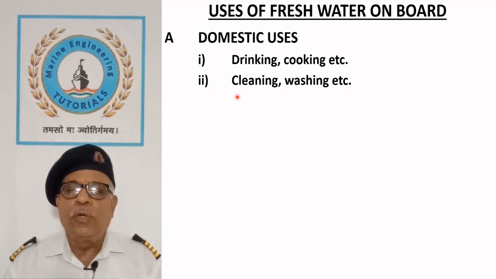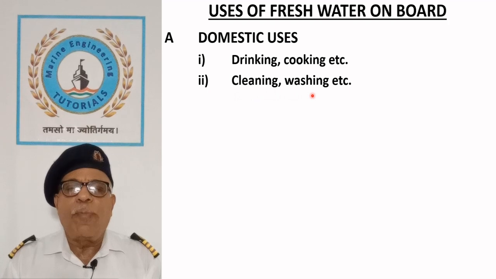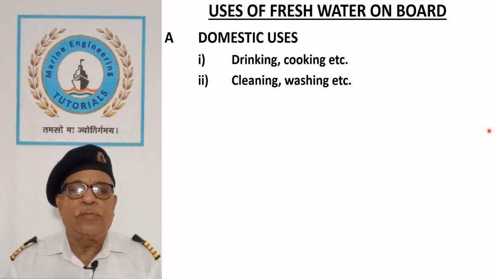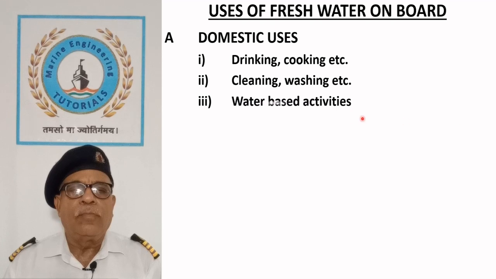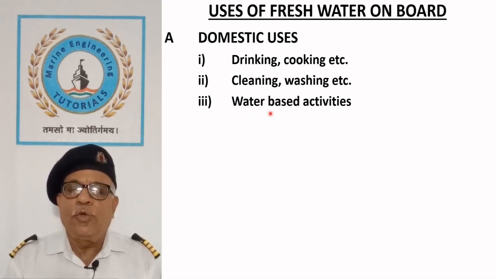Freshwater is used for taking shower, washing clothes, mopping decks, or washing them with high pressure cleaning machines. On passenger ships, freshwater is used for swimming, splash pool, and water based activities.